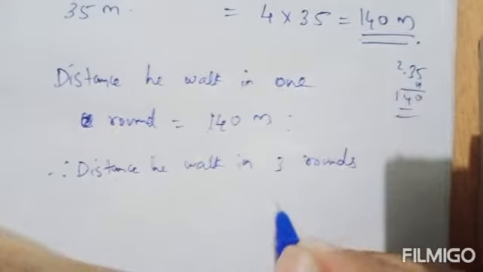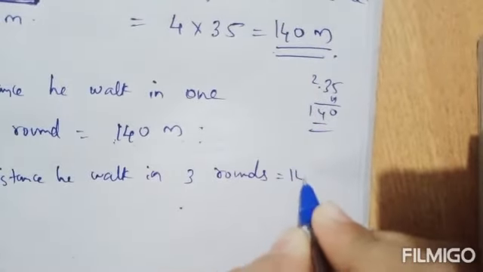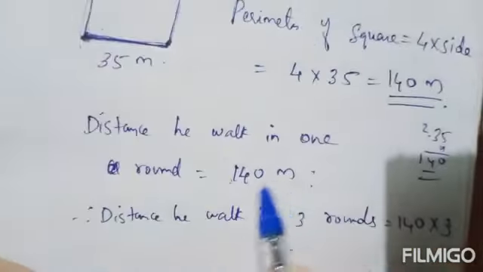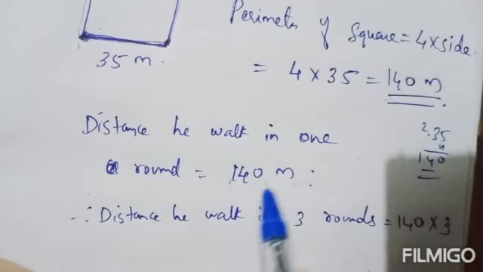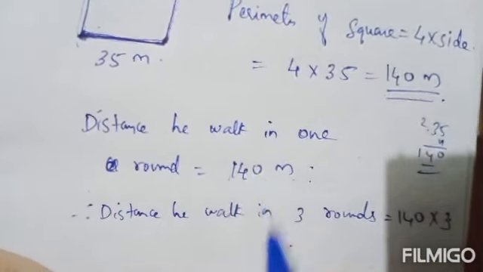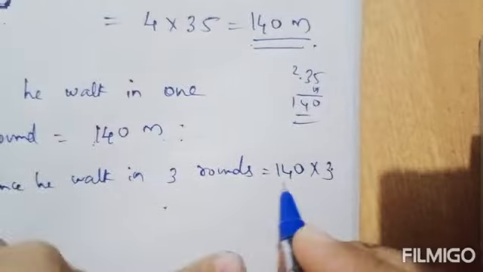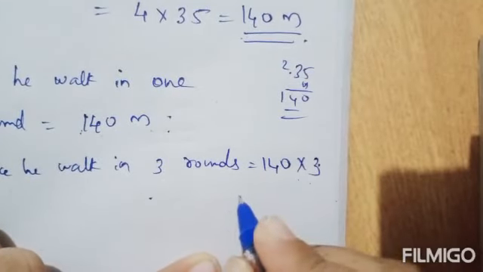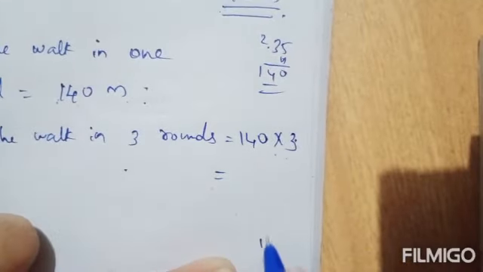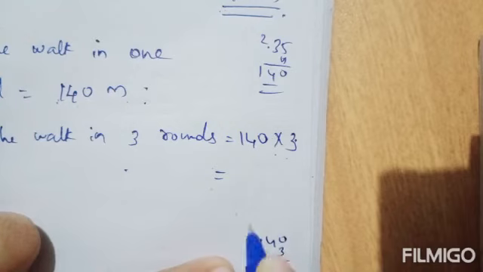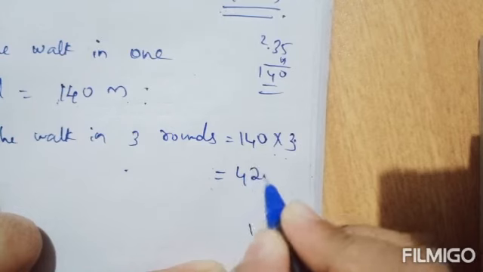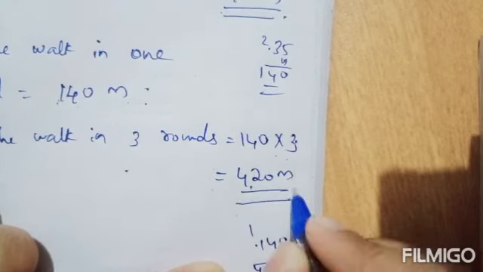Just multiply 140 into 3. In 1 round he walked 140 meter, so in 3 rounds he will walk 140 into 3. What will you get? It is 420 meter. So this is the answer.